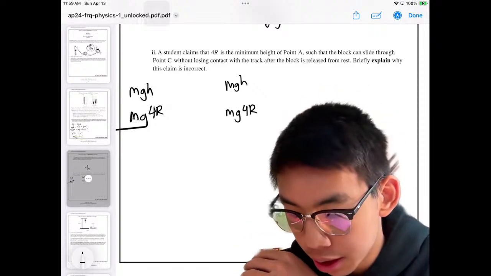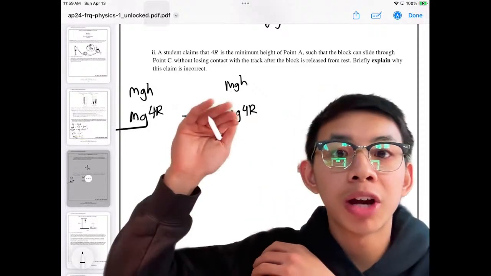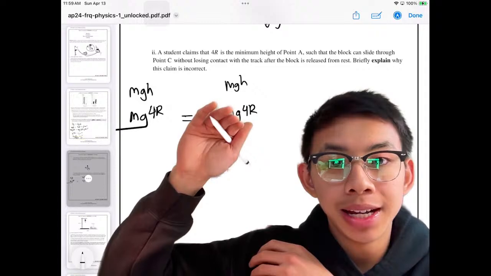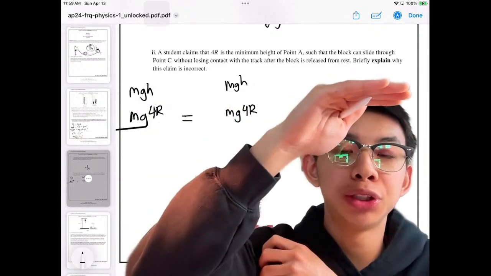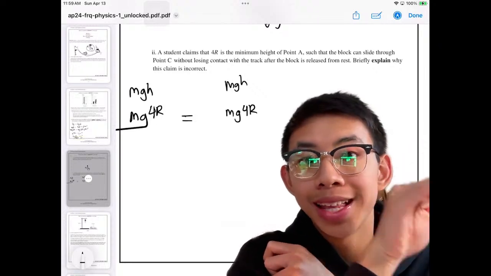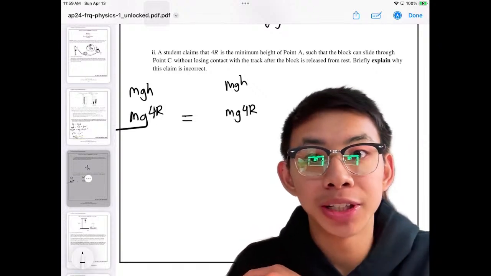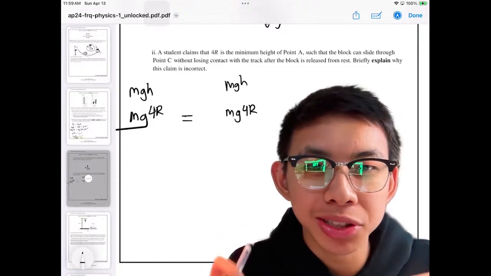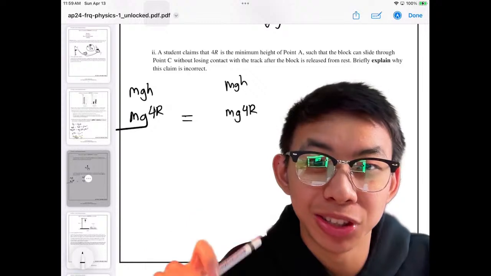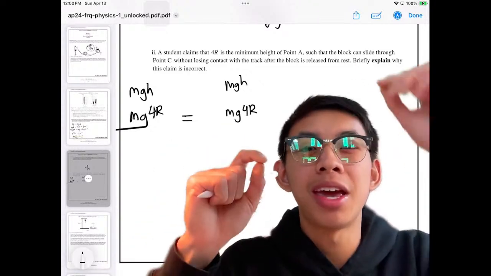Well, my friends, if all the gravitational potential energy is going to be converted to gravitational potential energy at another point, it doesn't have any more energy to be converted to kinetic energy. So there is no way that block is going to have any sort of velocity. It's just going to go to that point and stop and drop.